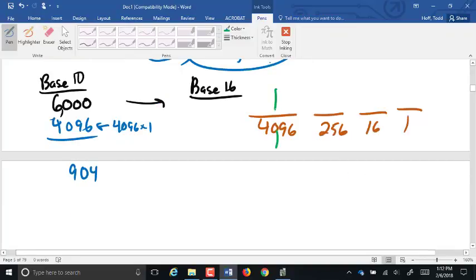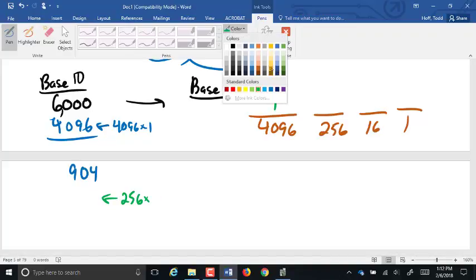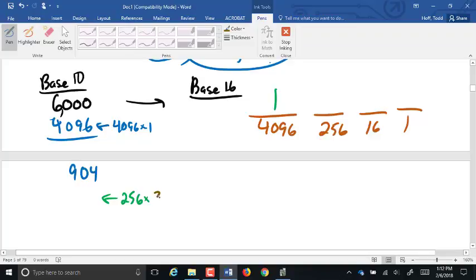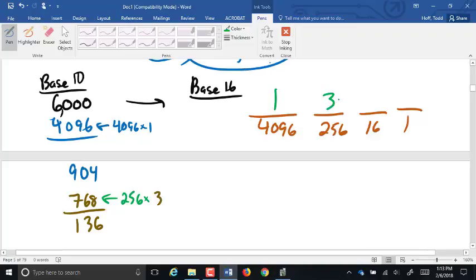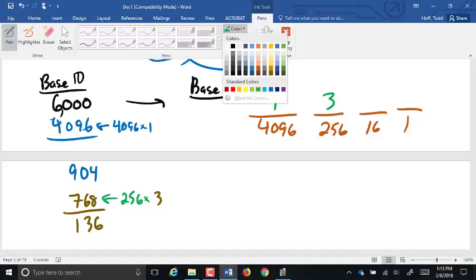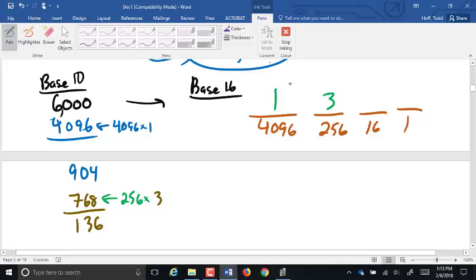Next is the 256 place. 256 goes into 1,904 how many times? Try 7. That's 1,792. We subtract. Is that 112 that's left? So it goes in there 7 times. 16 into 112.